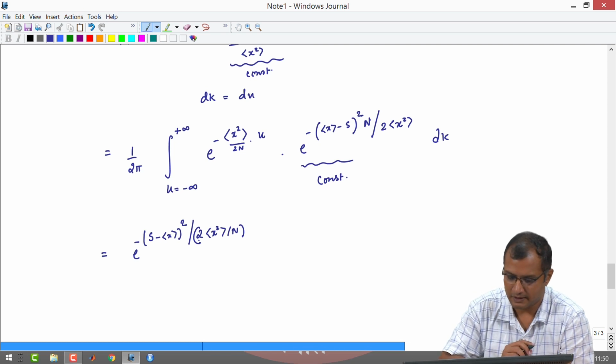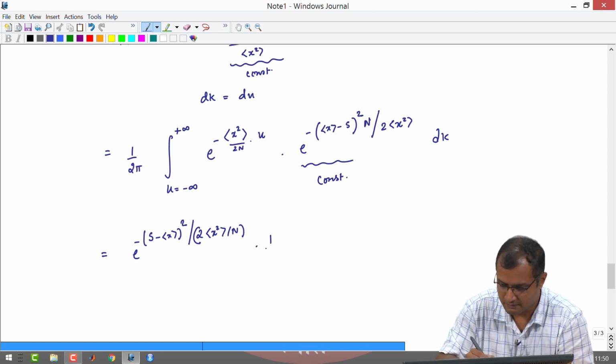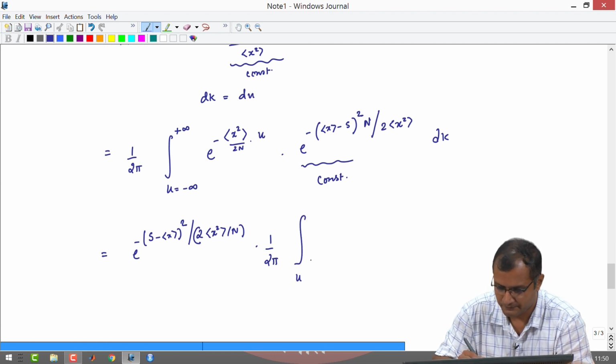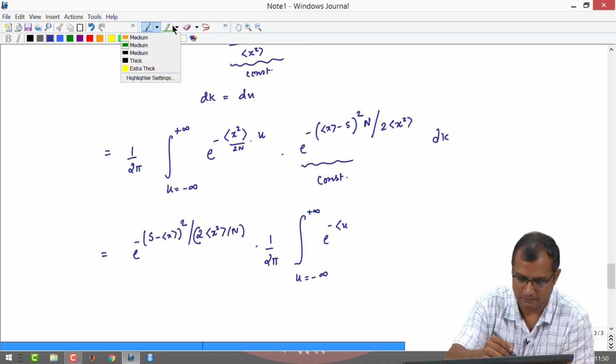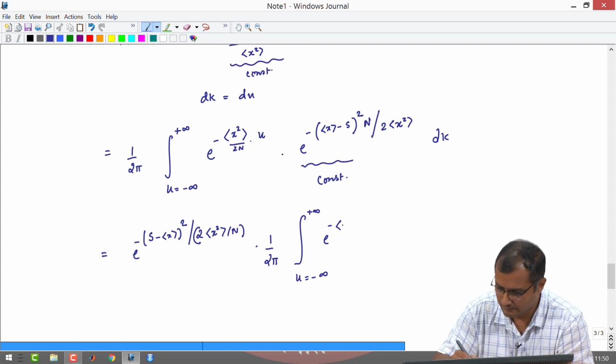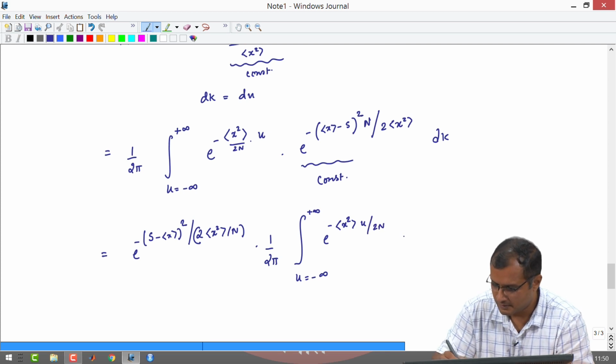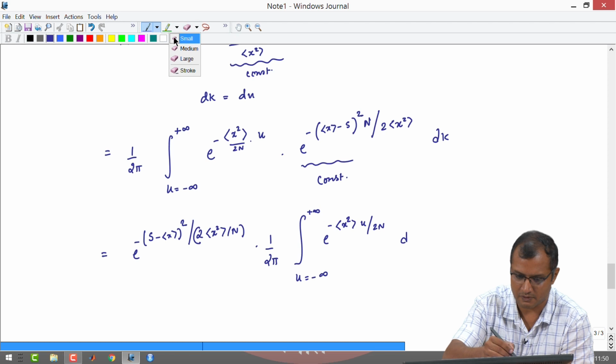Fine, and this is multiplied by 1 upon 2 pi, and the integral is going from minus infinity to plus infinity of e raised to minus x square into u by 2n d of u. This is a du, okay, this is not dk, this is d of u.